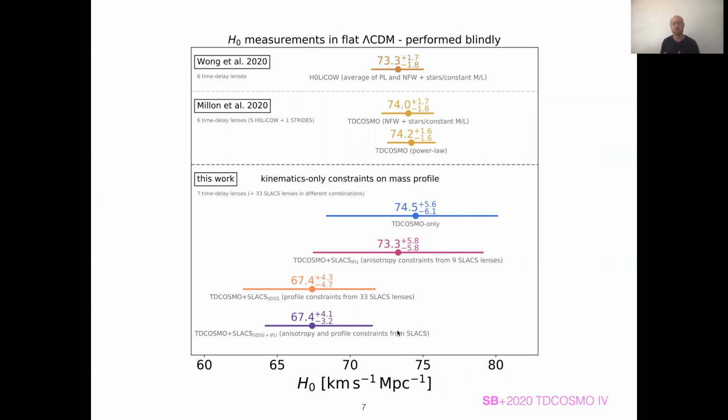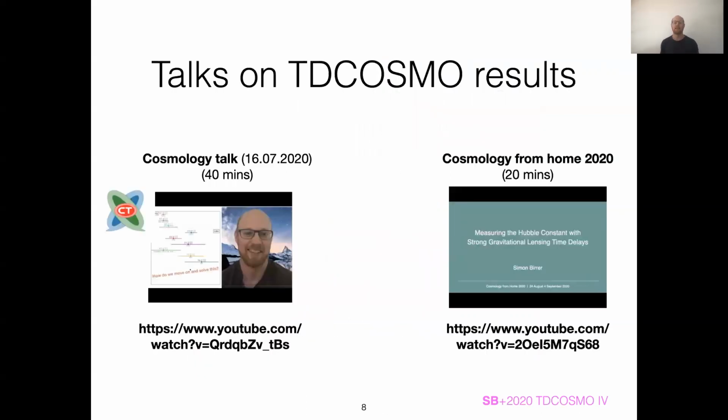And I will not go into detail of how it came to this measurement and what it includes, because I have presented them in last year's Cosmology from Home. So if you're interested, there is a 20 minute presentation about it, and a 40 minute Cosmology talk goes a bit more into detail.